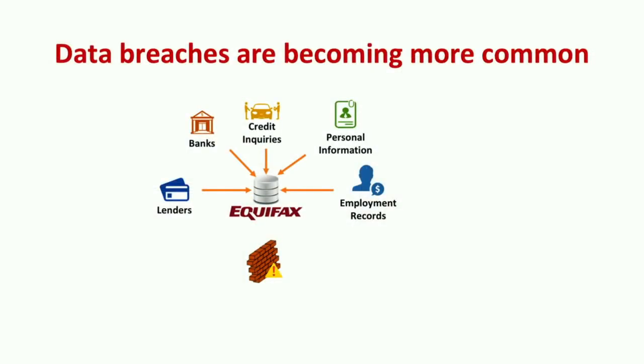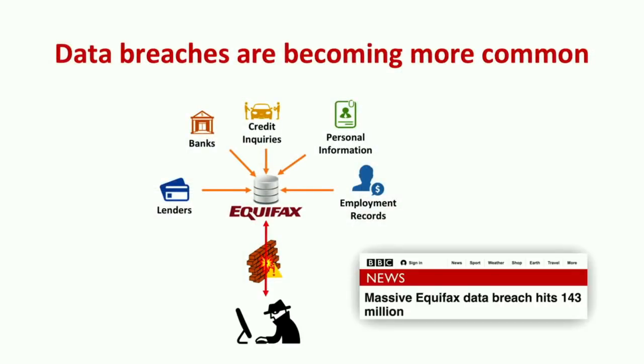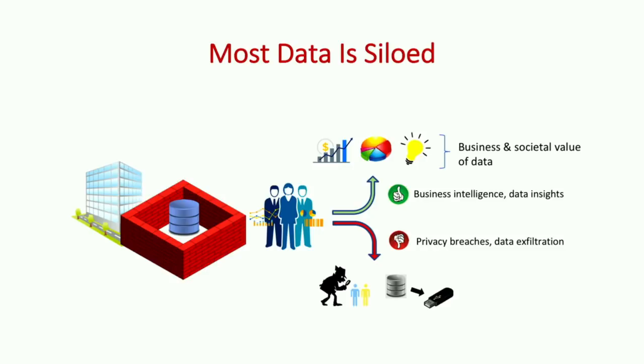For example, data breaches are commonplace now. Equifax, one of the largest credit score companies, had a recent data breach where attackers were able to steal sensitive information about more than 140 million users. On the other hand, a lot of valuable data is also being siloed.